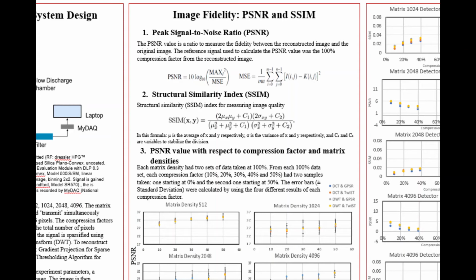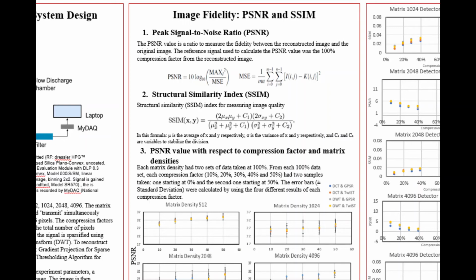On the other hand, we can also calculate fidelity using the Structural Similarity Index, or SSIM, which instead of calculating absolute errors, is based on the idea that the pixels have strong interdependencies, especially when they are spatially close. Both the PSNR formula and the SSIM formula are found in the third column of this poster.